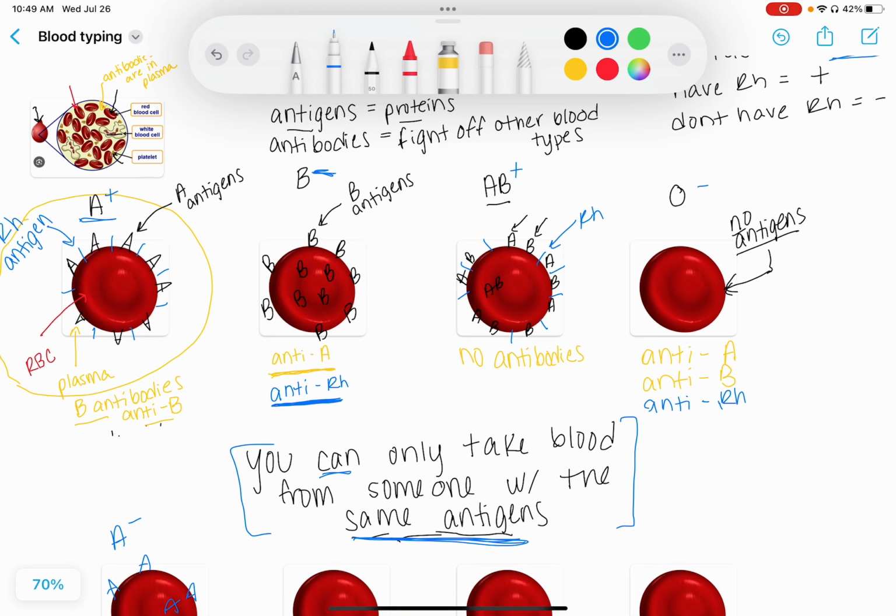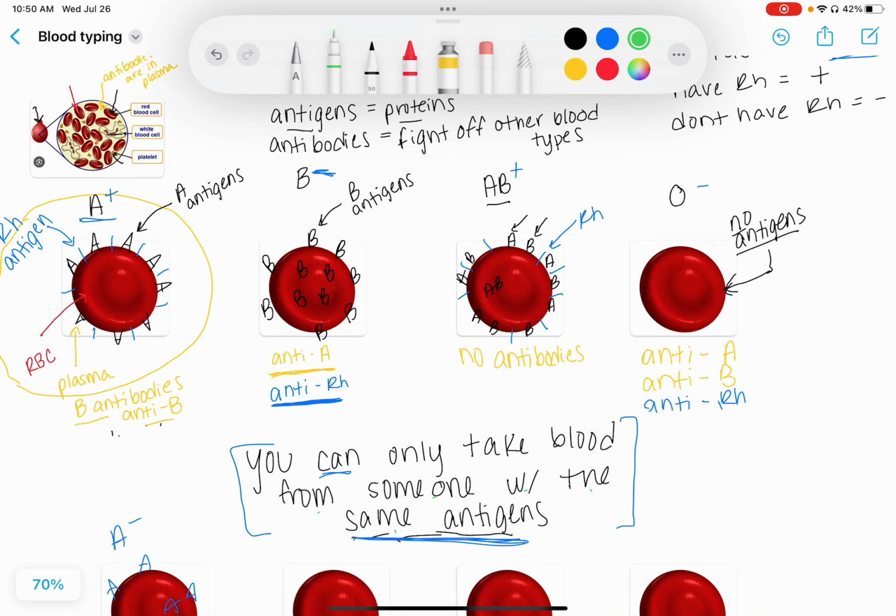But let's talk about universal acceptors and universal donors in terms of blood type. So a universal acceptor means they can accept blood from anybody, right? So let's go back to our statement. You can only take blood from someone with the same antigens. So which blood type here can take all antigens?